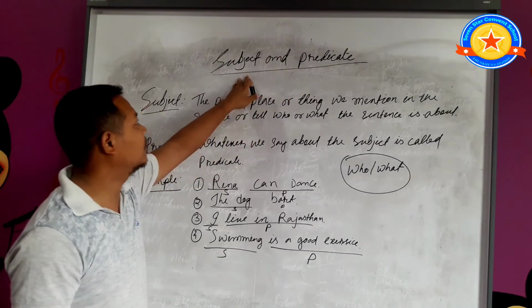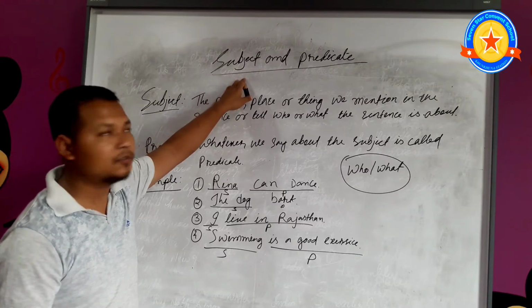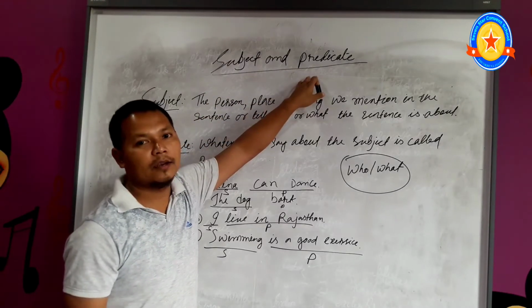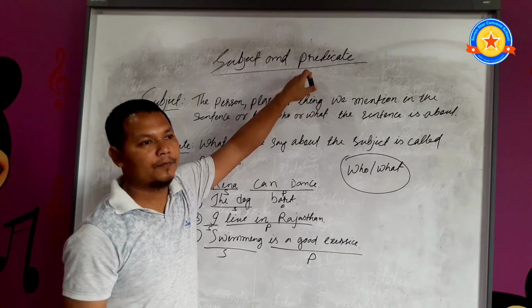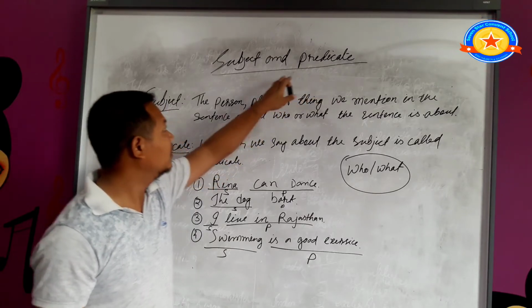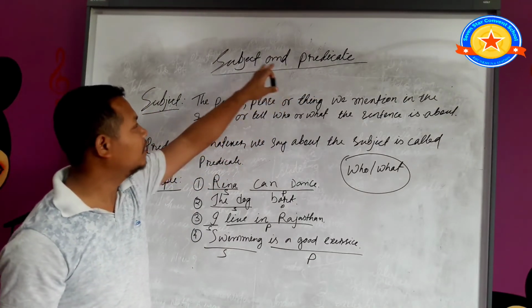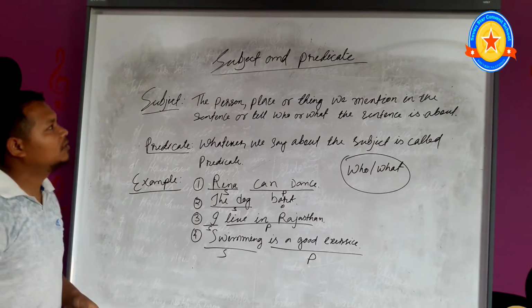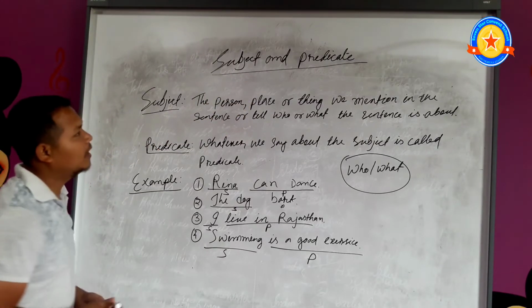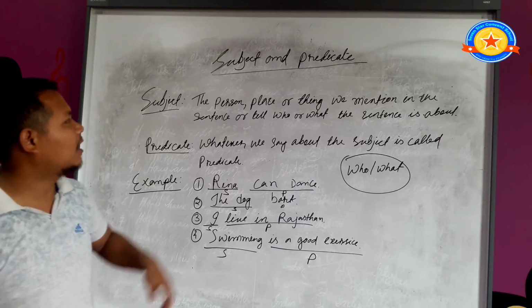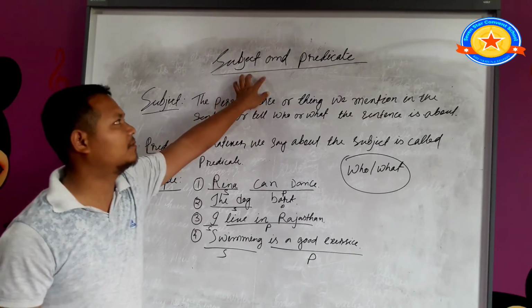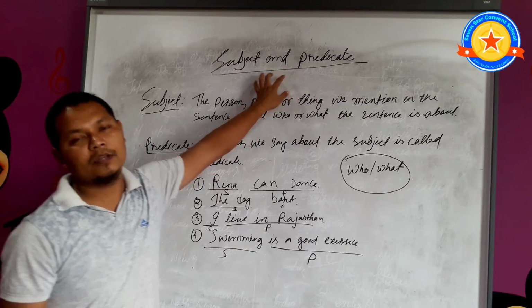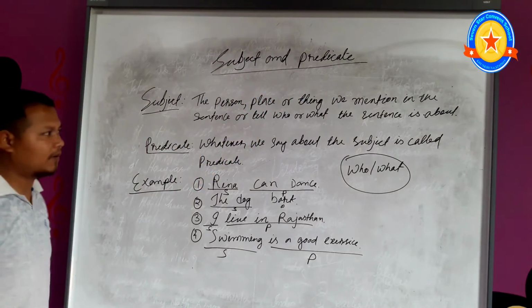In the subject there may be nouns and pronouns, and in the predicate there may be a finite verb. All together, combined, they make a complete sentence, and we have to identify the subject and the predicate in it.